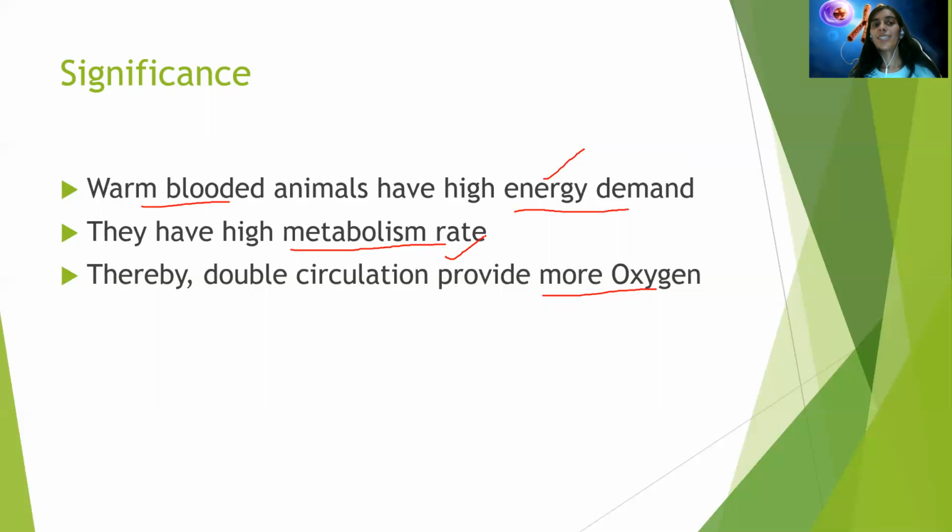And they basically occur in warm-blooded animals, and we have birds and mammals in the category of warm-blooded animals.